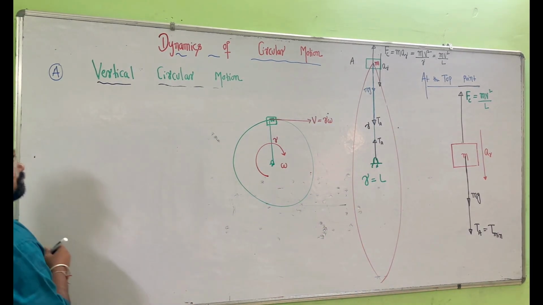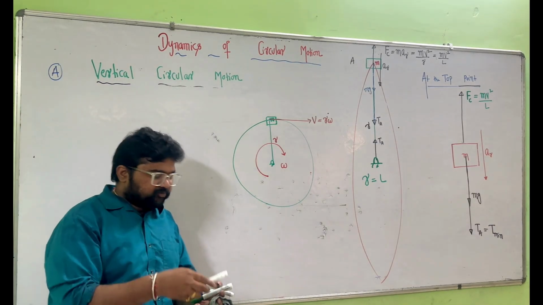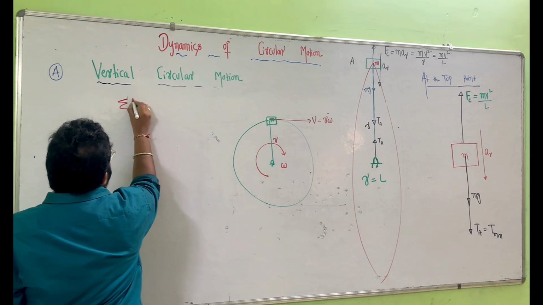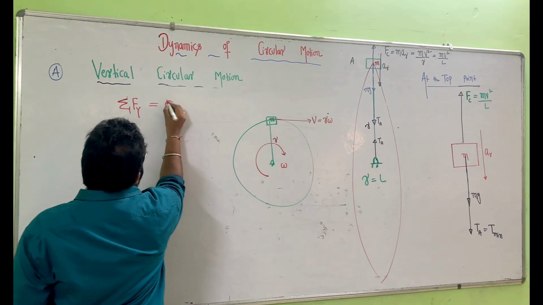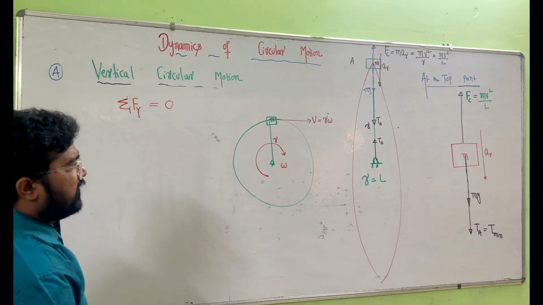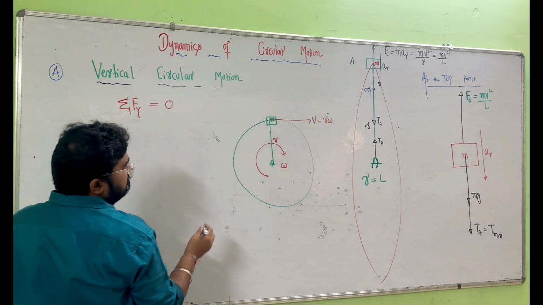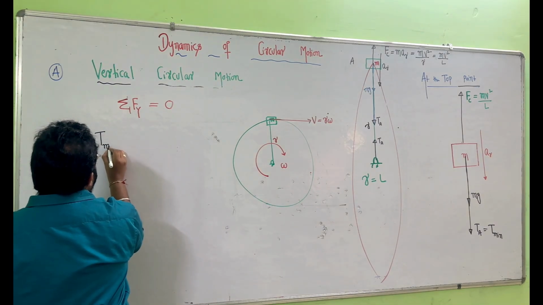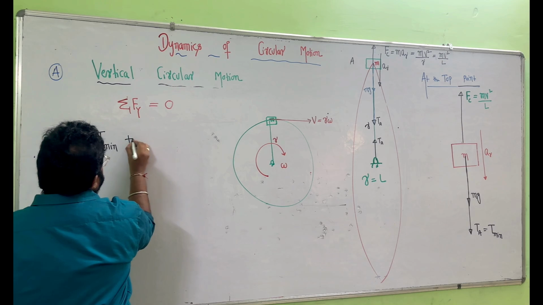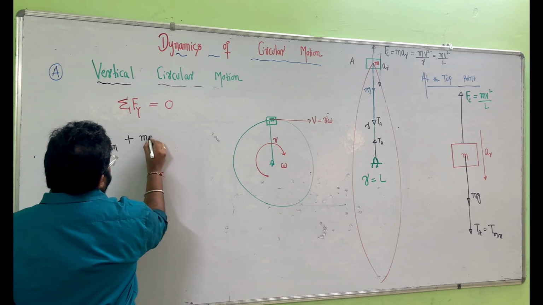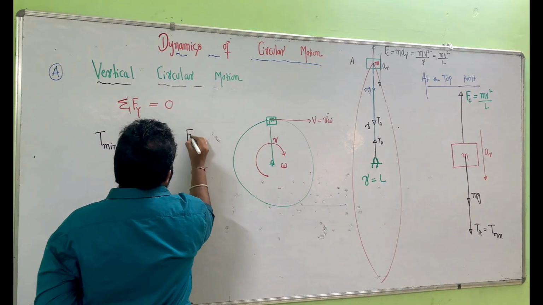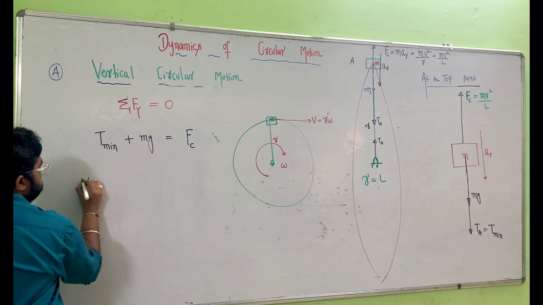Apply static equilibrium equations. Sum of the upward forces equals sum of the downward forces, sigma Fy equals 0. Then what you will get? T minimum plus mg equals the centrifugal force.